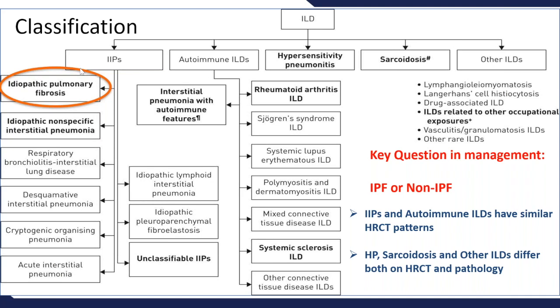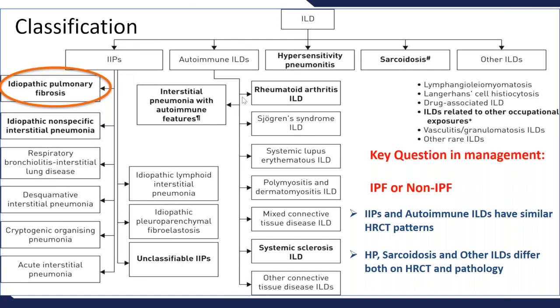This is important to understand the concept of ILDs. There are other idiopathic interstitial pneumonias. Then the connective tissue disorders, which are the autoimmune diseases like rheumatoid arthritis, SLE, and so on, they also cause a lung involvement. And histologically and clinically, this resembles the idiopathic interstitial pneumonias.